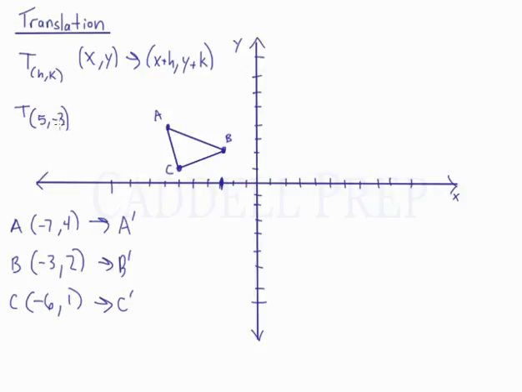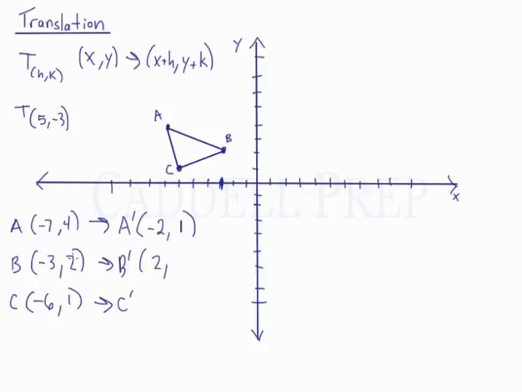So for A, we're going to add 5 to the X value because of the 5 here. So we get negative 7 plus 5 is negative 2. And we're going to add negative 3 to the Y value. So we end up with 1. Okay, we're going to do the same to B and C. So add 5 to the X value. We get 2.